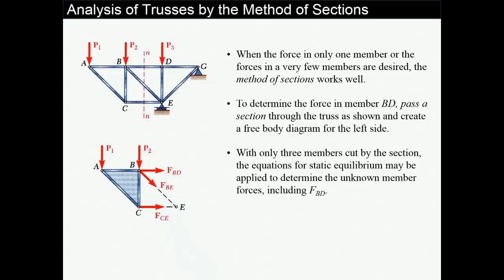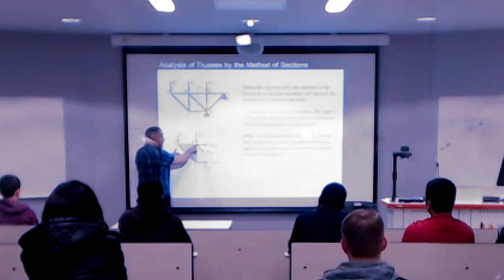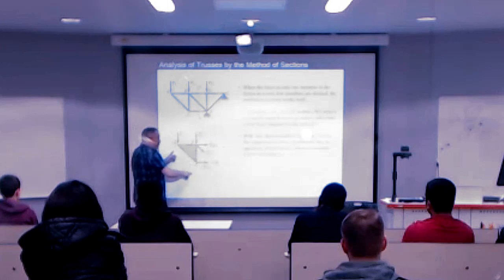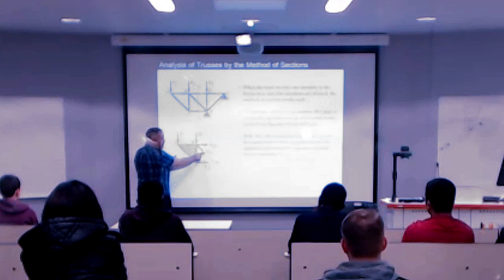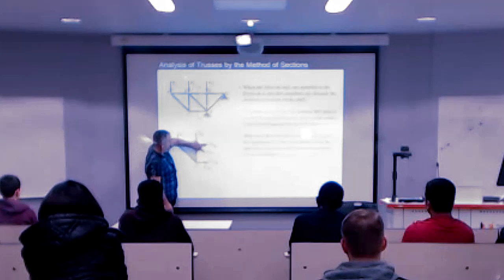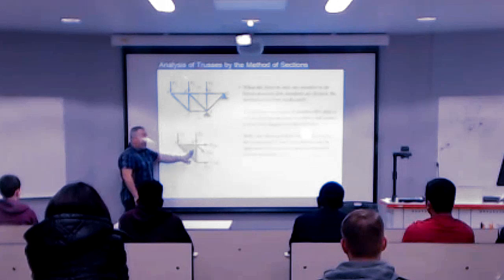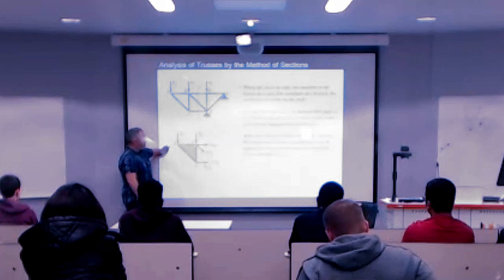If you look in a horizontal direction, you would ignore these two because they're coming downwards. And you've got FBD plus FCE, and then plus this FBE, and because that's your hypotenuse, it'd be cosine this angle. But you'll end up with an equation with three unknowns whenever you look at horizontal or vertical.